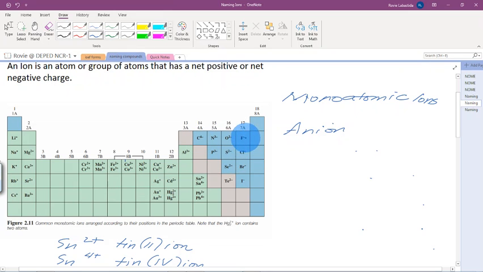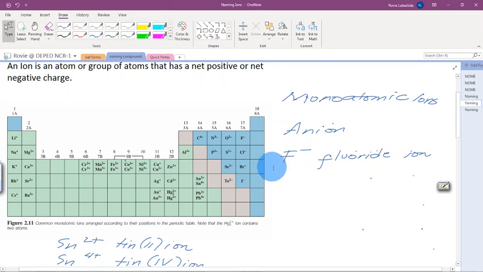For example, we have F-. How do you name F-? You take the root term for the element and add the suffix "ide." Let's take the root term for fluorine and add IDE, and that will be the name for this ion. So this one is called fluoride ion.